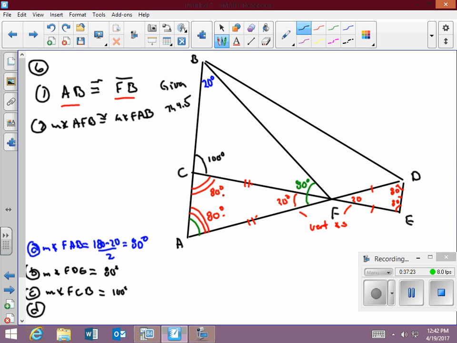The measure of angle BFD. Well, that's going to be this angle back over here, and that's 100 degrees because it's a straight angle and then you subtract 80 from it.